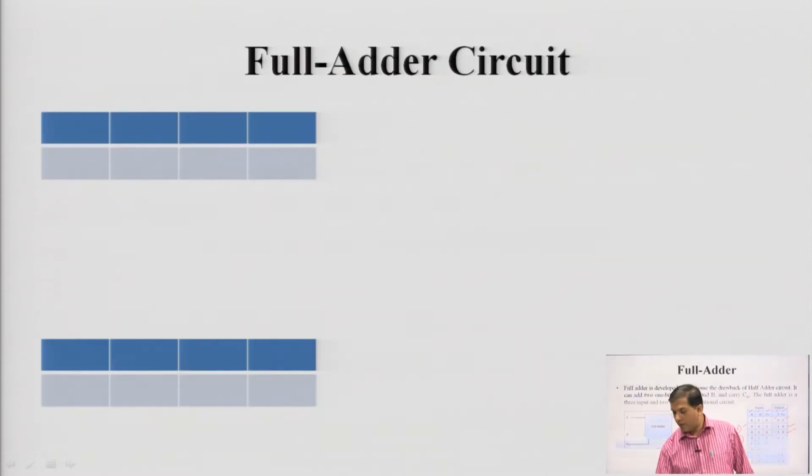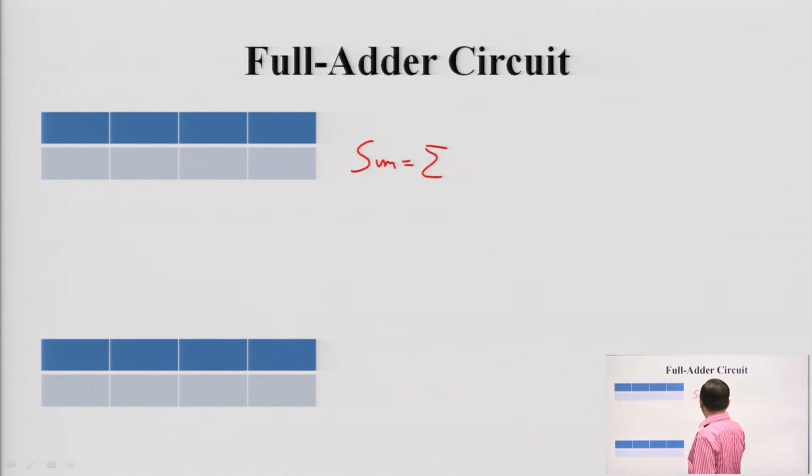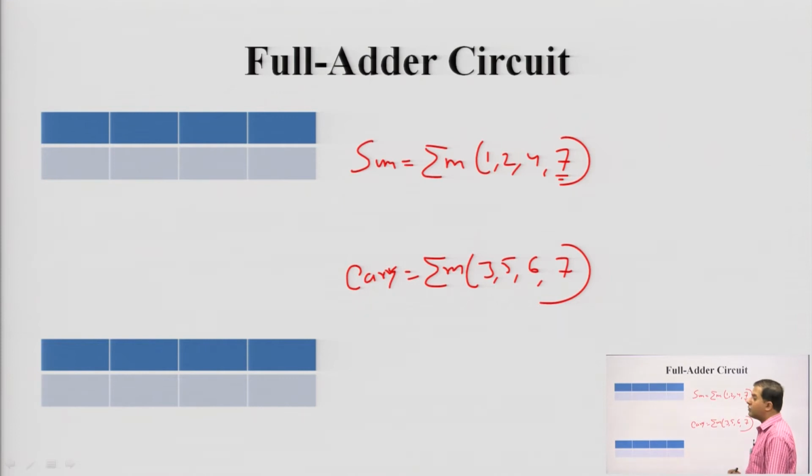So, now we will draw the K map for the full adder circuit. For sum we already have summation m 1, 2, 4 and 7, and for carry we have summation m 3, 5, 6 and 7. So this is a 3 variable K map, because the maximum value is 7. So we have to go for 3 variables, and we already have 3 inputs A, B and C in.